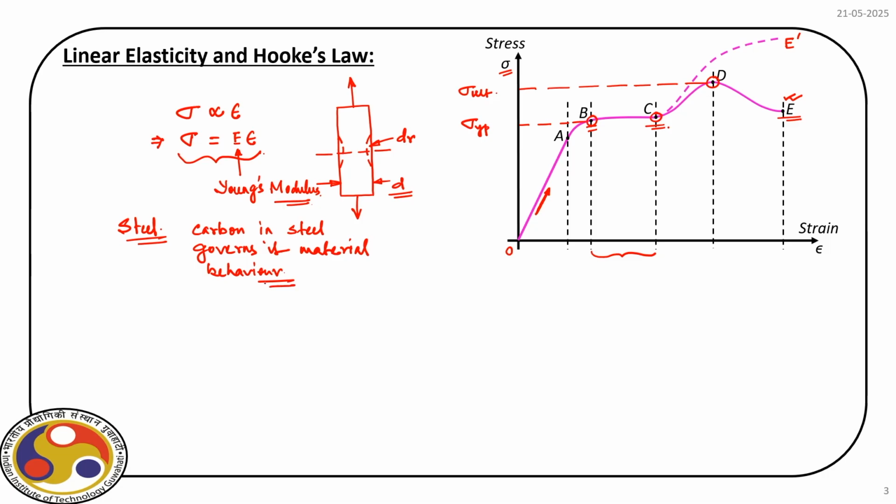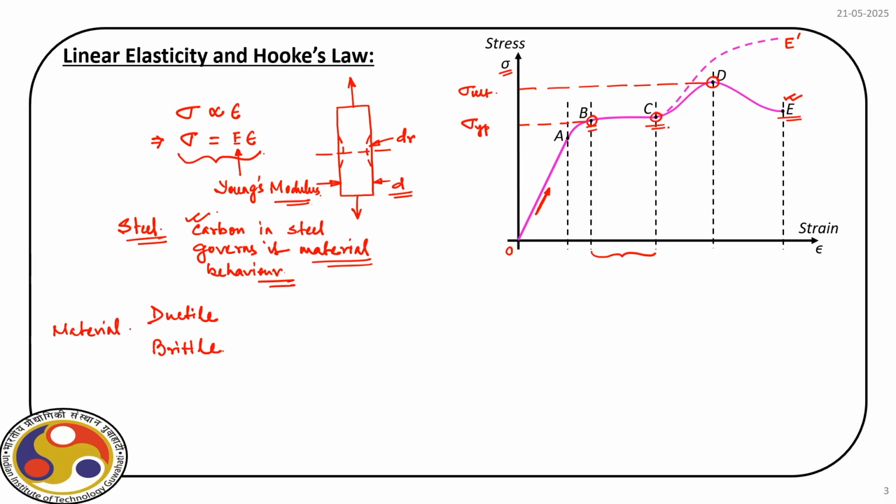So, if we increase the percentage of carbon, then obviously the material behavior changes. It starts from ductile to brittle.